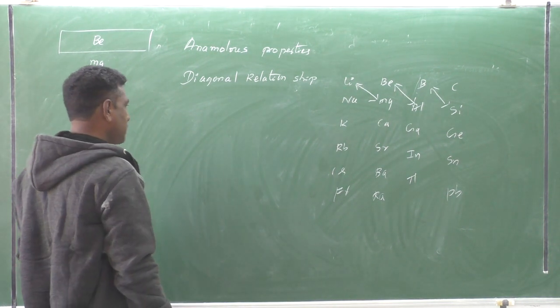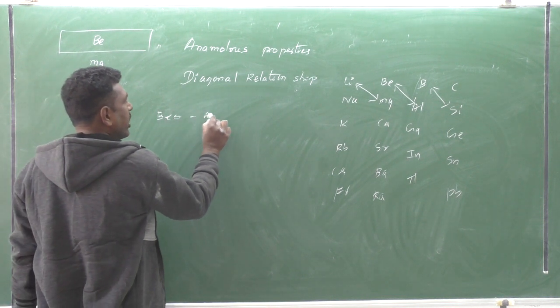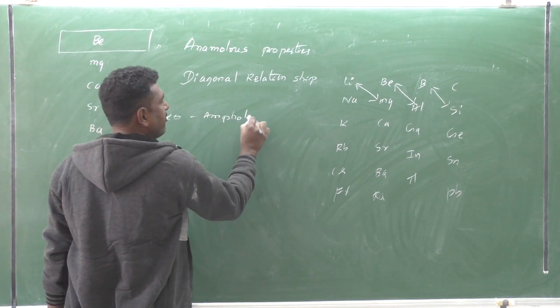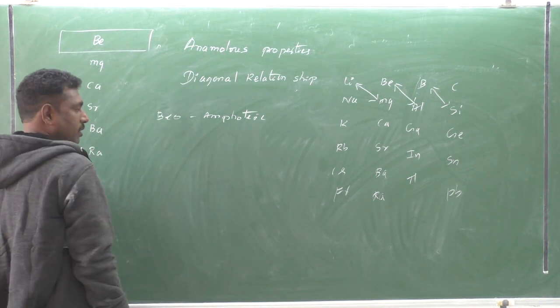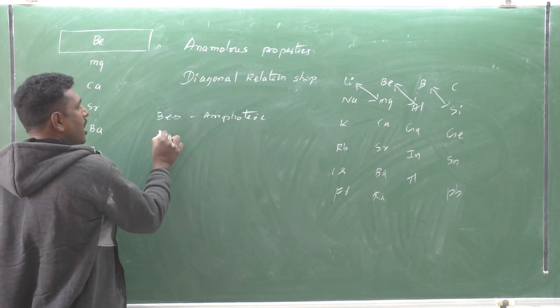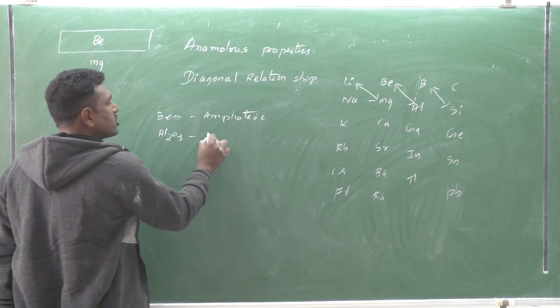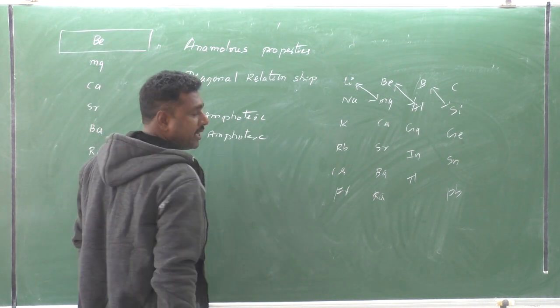Here, the oxide of beryllium is amphoteric. Next one is the oxide of aluminium, which is also amphoteric in nature.